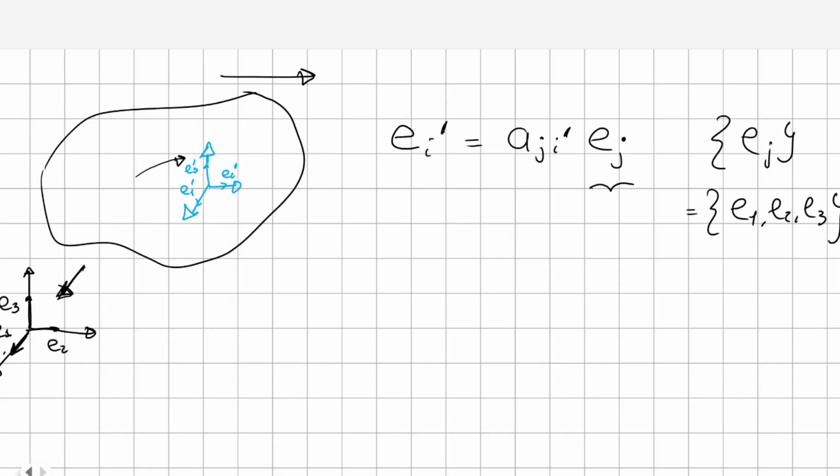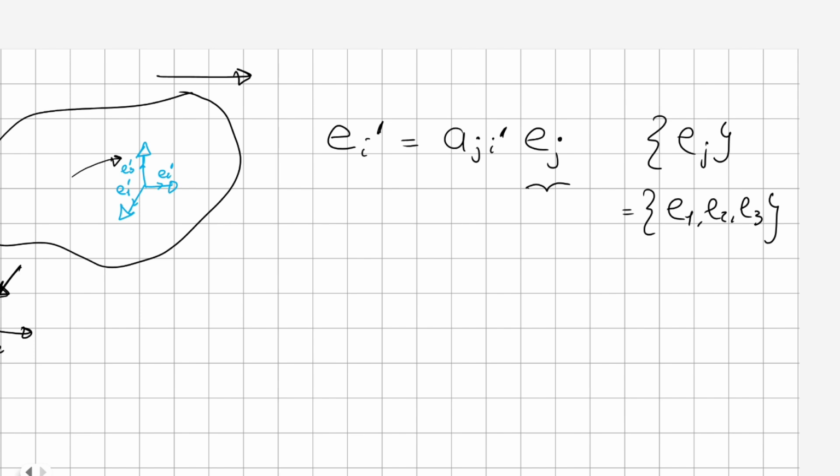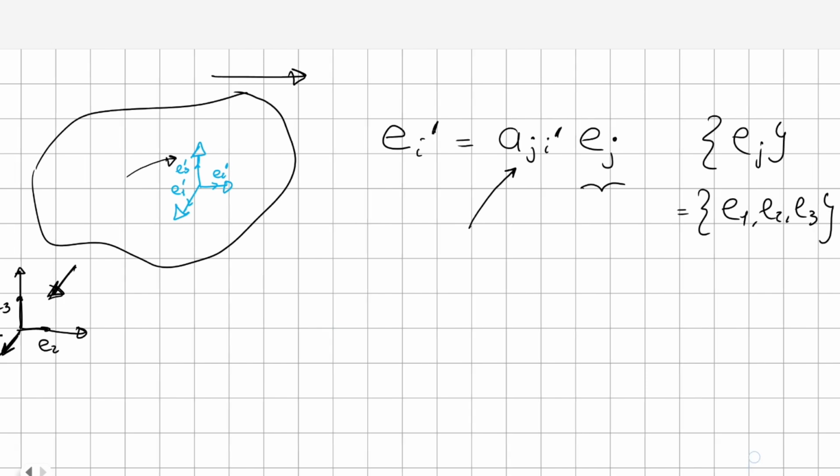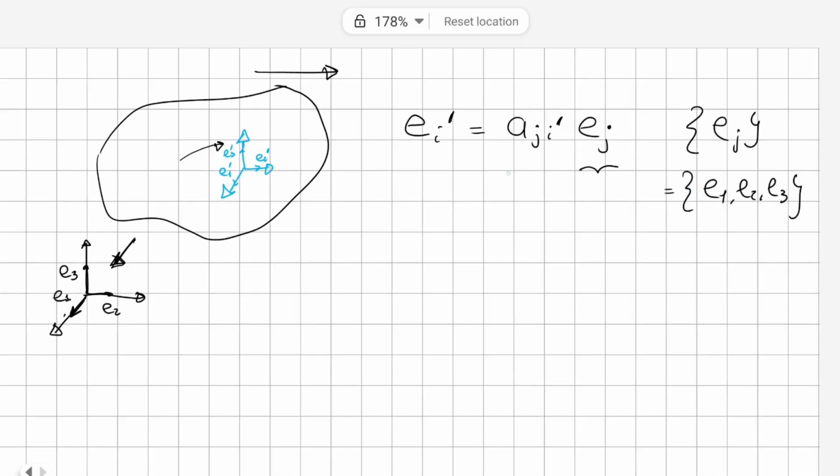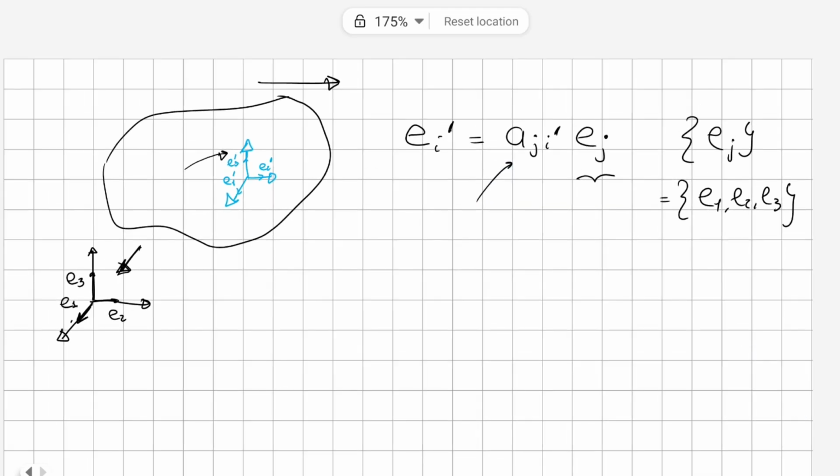But I'm bringing this back to memory because the important thing here is that there is a transformation matrix that relates these two bases. So we are going to work again with this matrix. An important thing is that this matrix depends on the configuration of the elements that compose the rigid body.